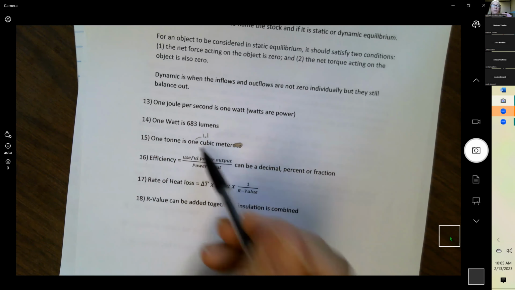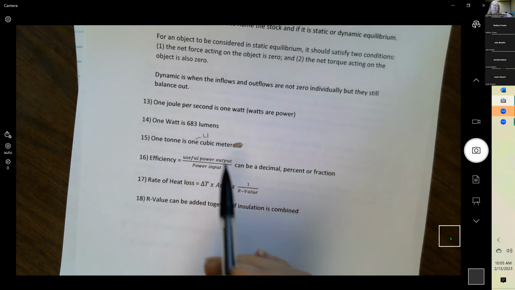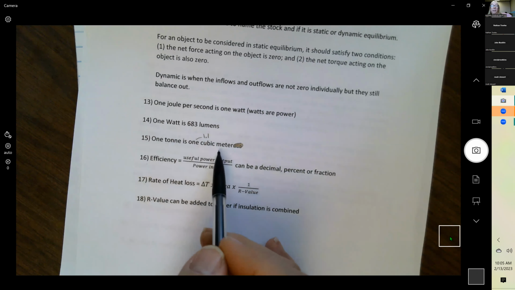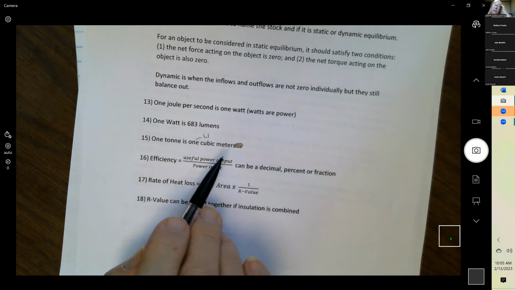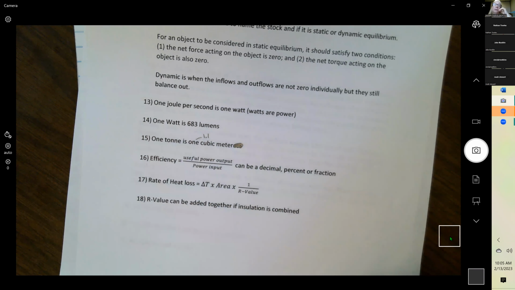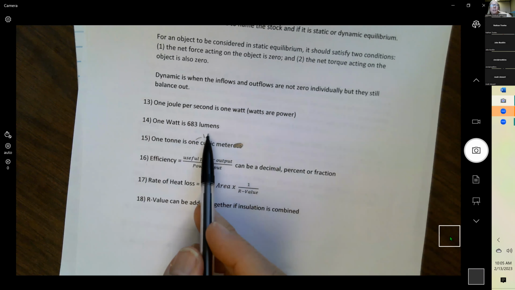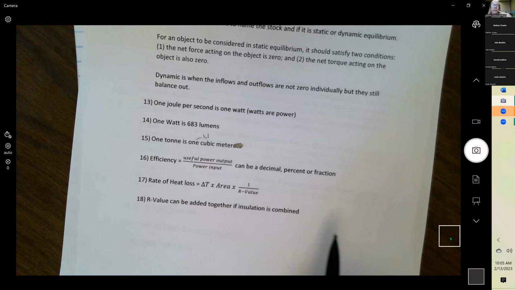So I'm fine with either one of them. If you have to convert one tonne to 1 cubic meter, they're almost the same. So for an approximation, it's fine to assume them equal. We're talking about numbers that are so large or so small, this 1/10 isn't going to affect it.